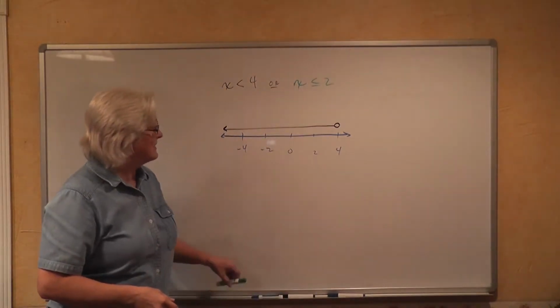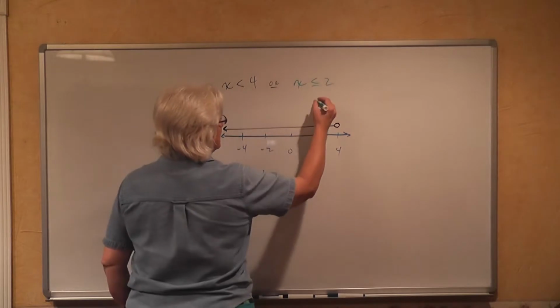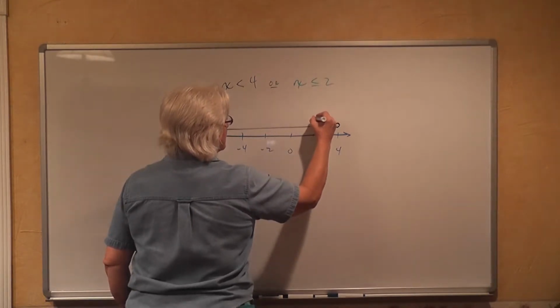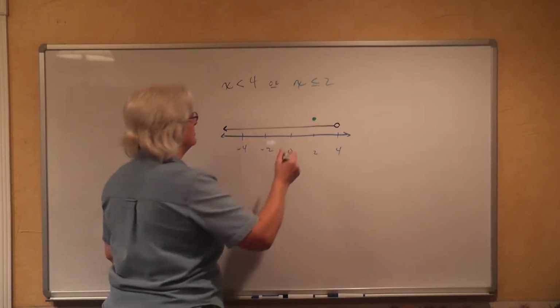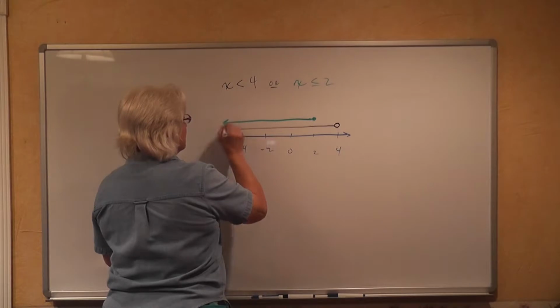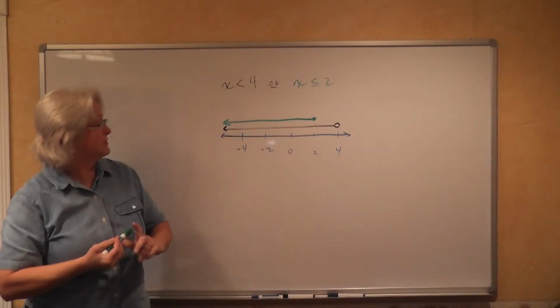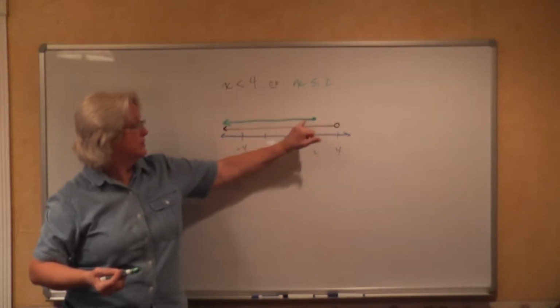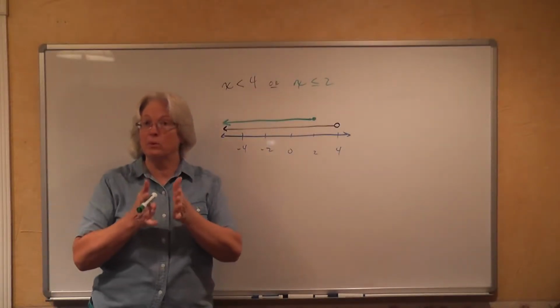Our second condition tells us that x can be less than or equal to 2. And because it can be equal to 2, we have a solid circle. And again, anything that is less than or to the left. So we now have graphed two inequalities here.